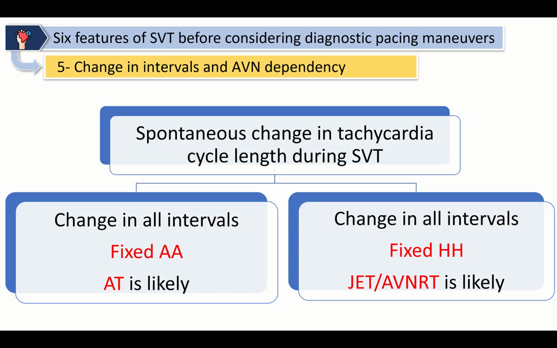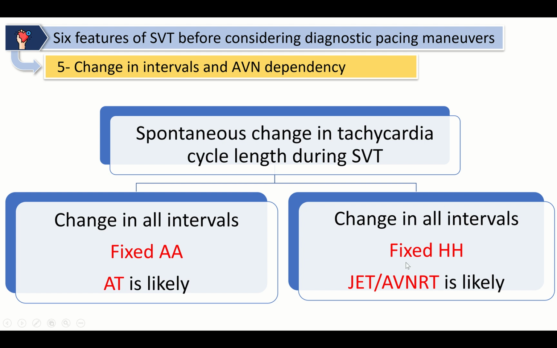Let's go to another golden rule, spontaneous change in tachycardia cycle length in SVT. If you find a fixed AA interval and all other remaining intervals change, it means atrial tachycardia is likely.